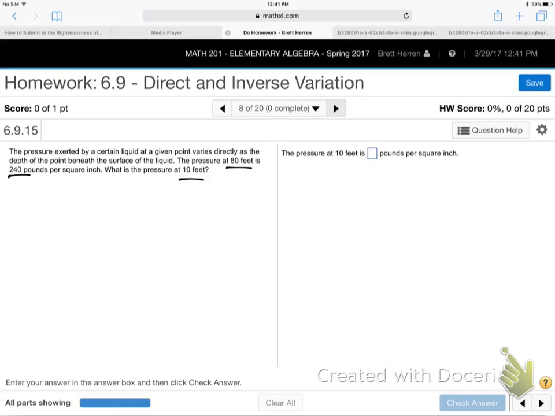Just follow the units. You've got feet and pounds per square inch, so I'm just going to go feet over pounds per square inch. And it says directly right there as well.